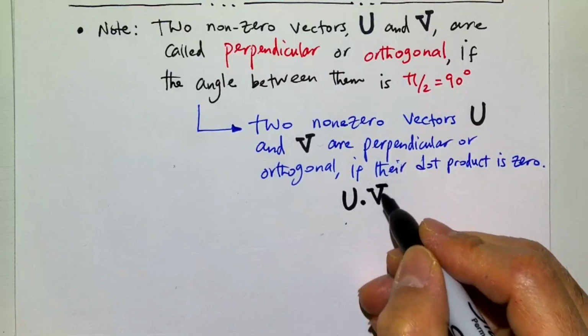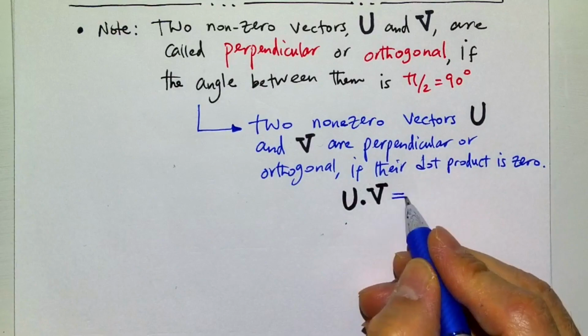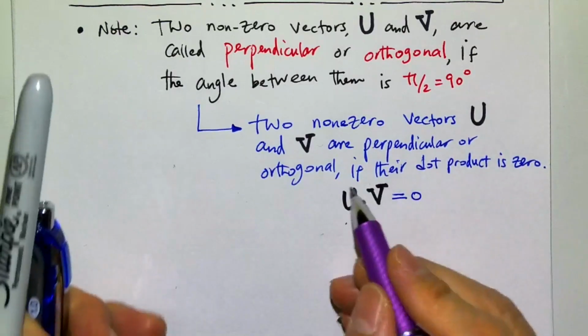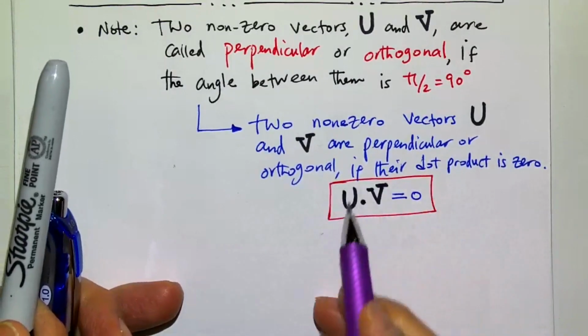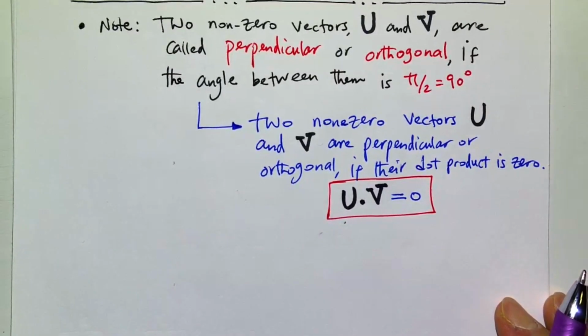So the dot product of u and v is equal to 0. Okay, so that means that these two vectors are perpendicular to each other.